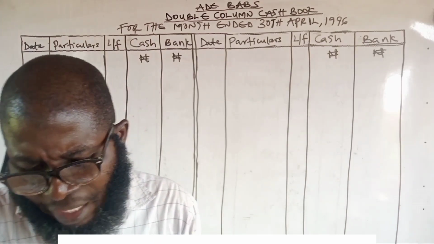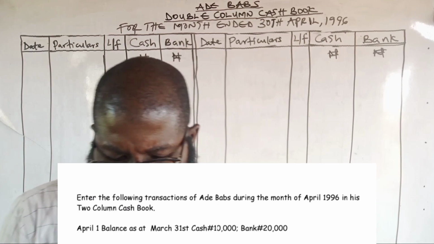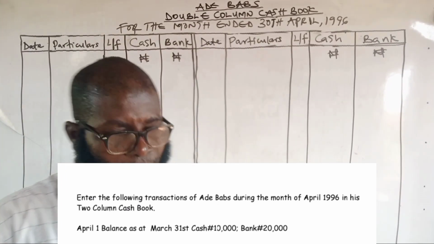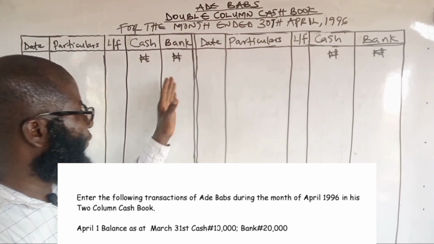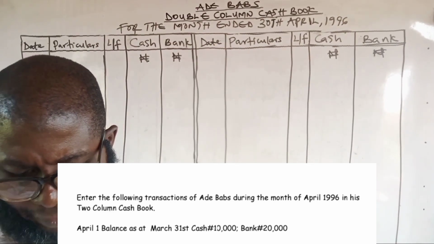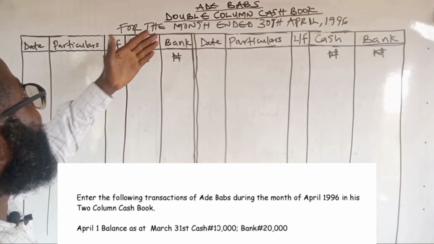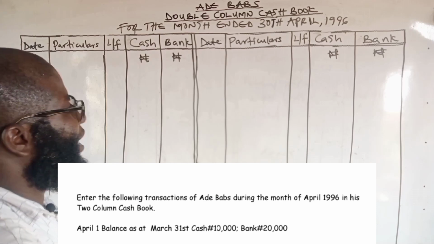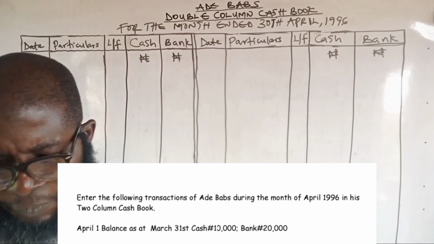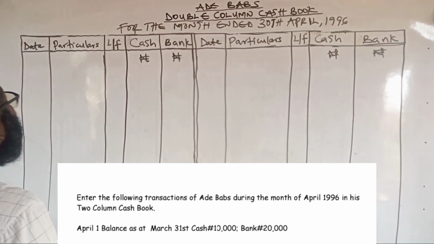Now, the first entry, April 1st, balance as at March 31st. Look at the question. Balance as at March. We are preparing for April, but we are having balance as at March 31st. That is the balance Mr. Adebabs is having in his accounts, both cash account and bank account. The cash account is having 10,000 naira, while that of the bank is 20,000 naira.